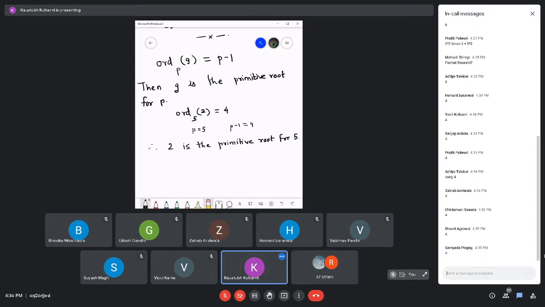Okay, then another example, let's go further. So order of 2 mod 7 is what? You'll find the power of 2 such that when it is divided by 7, the remainder is 1.